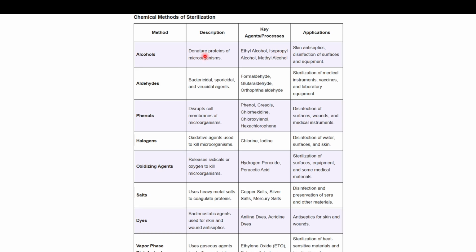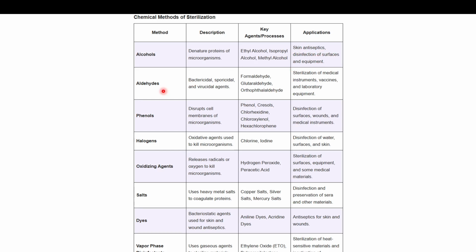Also, we saw in the phase inversion, the phenol chloroform method for isolating nucleic acids, that phenol is added to denature the proteins. So alcohols cause denaturation of proteins of microbes. Agents can be isopropanol, ethyl alcohol, methanol. Applications are skin antiseptics and disinfection of surfaces and equipment.